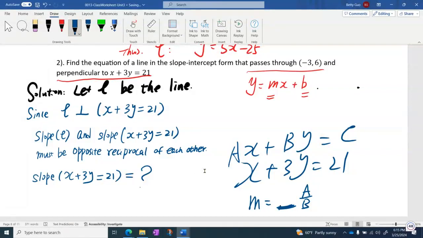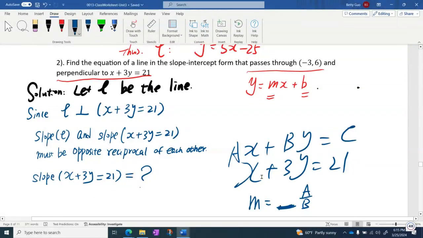This question is a little bit longer process. How do we find the slope of a line given in the standard form?